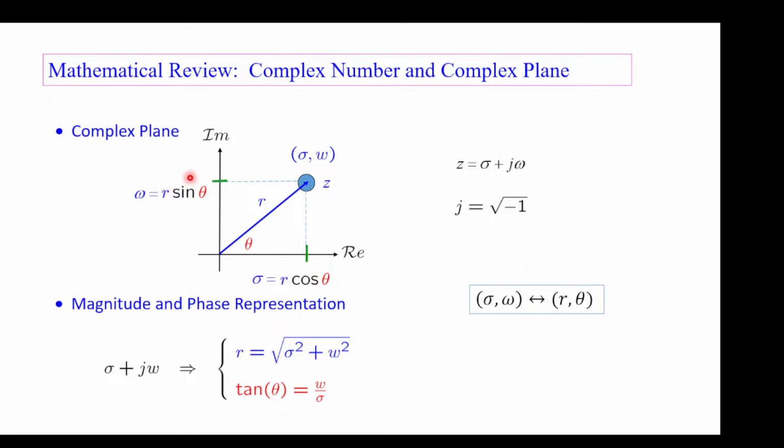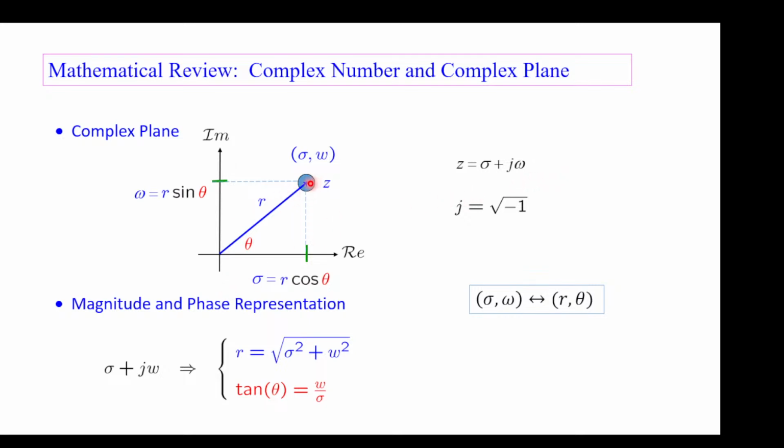Okay, and a very interesting thing about complex numbers is you can change between the polar coordinate and the Cartesian coordinate. So in the Cartesian coordinate, you write this complex number as a real part and imaginary part.